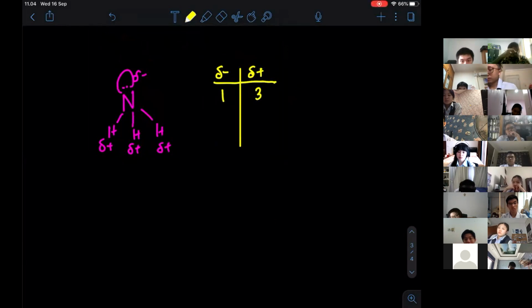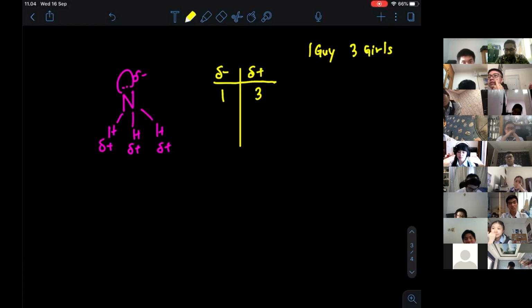Imagine you go to a party, and I think there's no need to give a number. Maybe you have one guy and then 3 girls. If there is a possibility of them partnering up or being a couple, what happens is this one guy will go and partner with one of the girls.